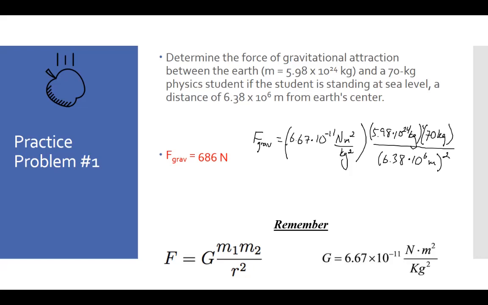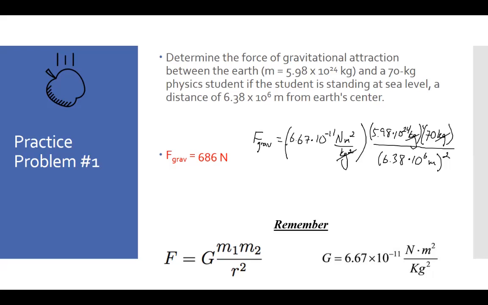In order to enter this properly, to get the correct answer, you're going to have to do order of operations. So you're going to have to do 5.98 times 10 to the 24th first, then times that by 70. Then you're going to divide that, but you have to do 6.38 times 10 to the 6th first before you square it, and then you do the division. Okay, but again, notice here that we're going to get our units to cancel. So we've got a kilogram here, we've got a kilogram here, that's kilogram squared.